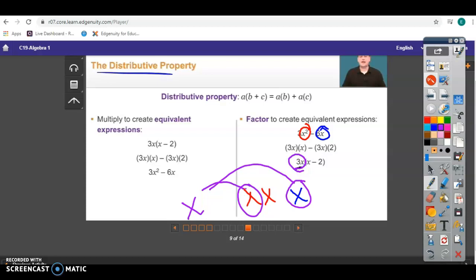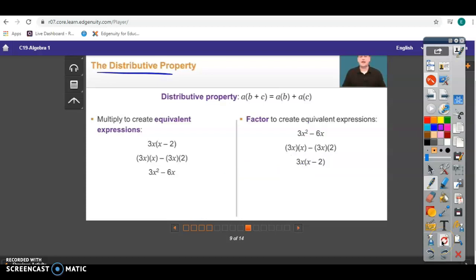Okay? Then when you take it out, it's like dividing. So I have 3x squared divided by 3x, and then I'm also going to divide 6x divided by 3x. And that's how they got this and this answer.